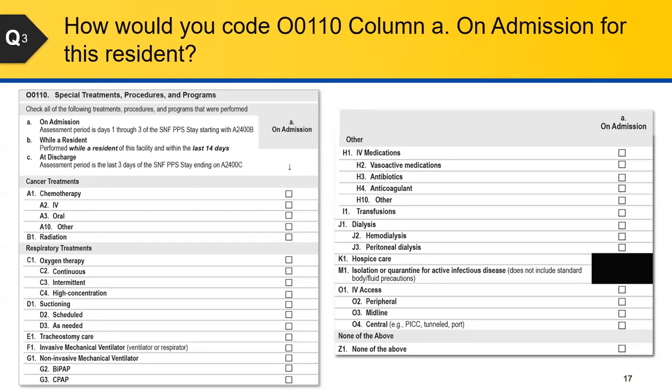So how would you code O0110 column A on admission for this resident? I'm going to give you some time to consider it.